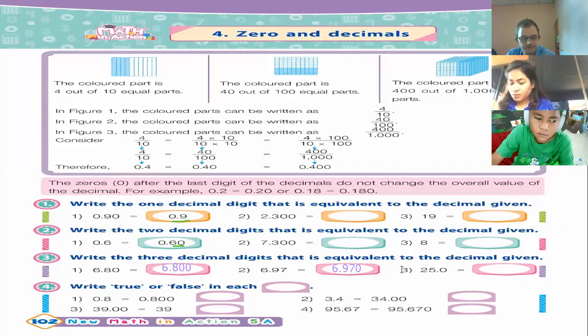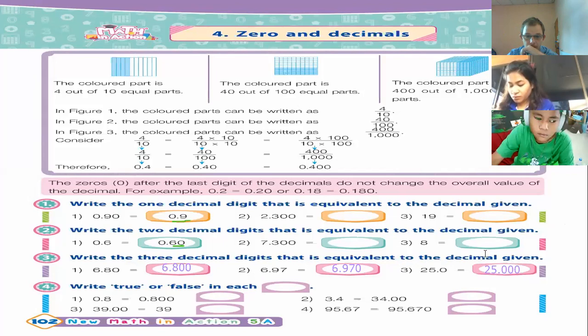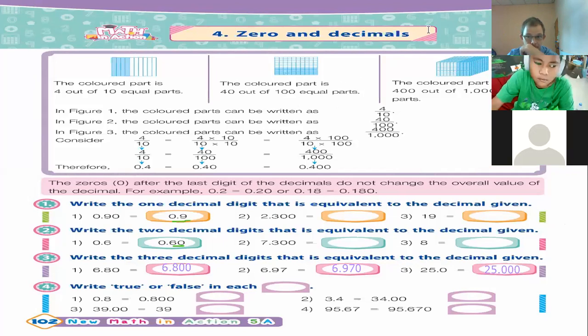Anyone? 25 point 000. 25.000. Is that correct? Yes, that is correct.